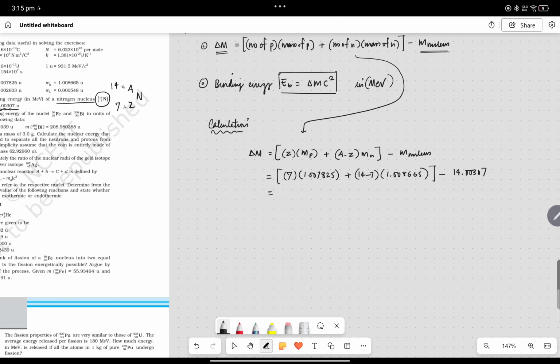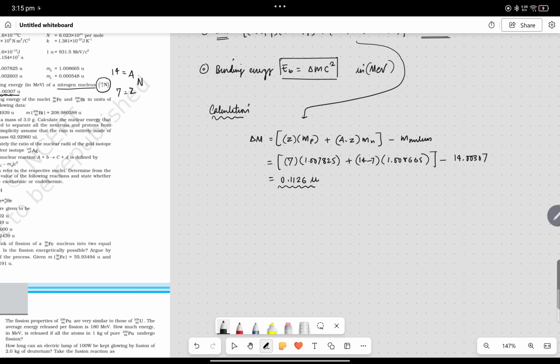Now you have to just do the summation and subtraction, and what you are going to get is 0.1126 u, and that is the mass defect in atomic mass unit.